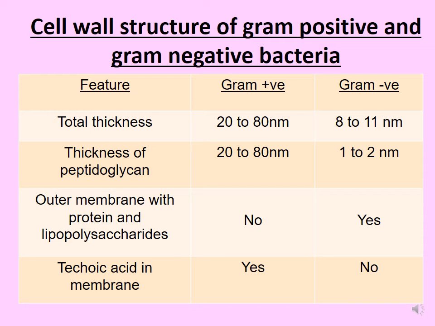So in addition to the peptidoglycan, we know that the surface membrane with protein and lipopolysaccharides are not present in the gram-positive bacteria, whereas they are present in the gram-negative bacteria. And so they're using this lipopolysaccharide as not only protection, but attachment as well.